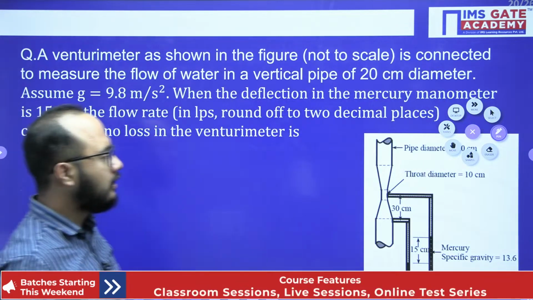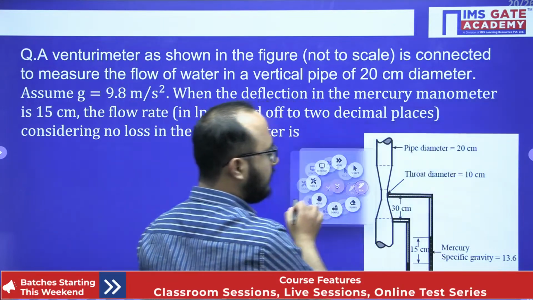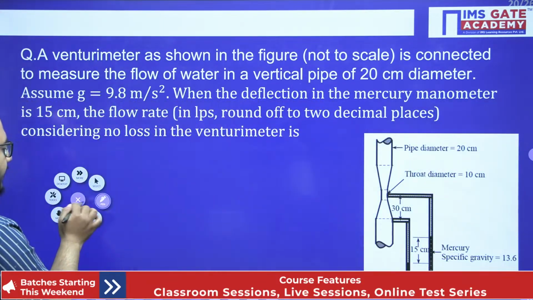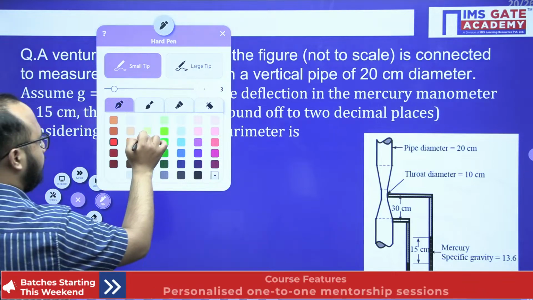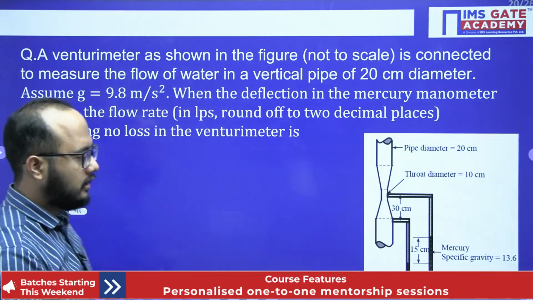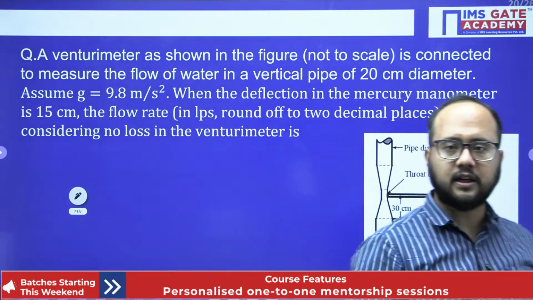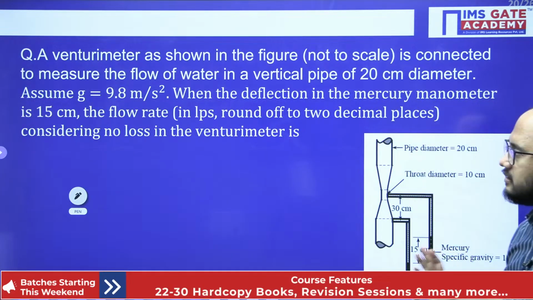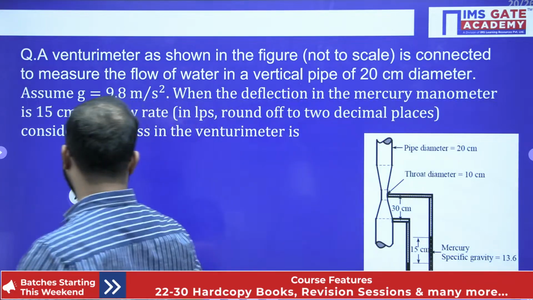Now, a very good question that we'll discuss regarding the venturimeter, that was asked in the GATE examination. In 2021 they asked this question for civil engineering.